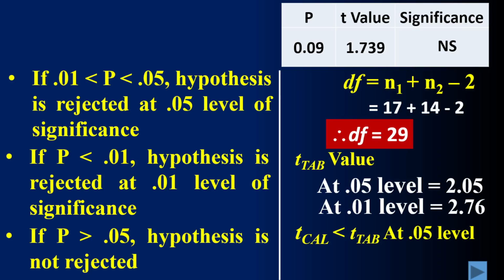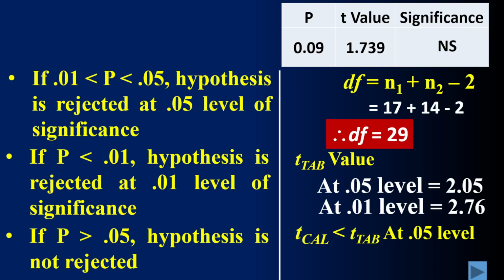But our t calculated is less than both the values, so the hypothesis is not rejected, and it is concluded that there is no significant difference between emotional intelligence of PG students of Chandigarh.